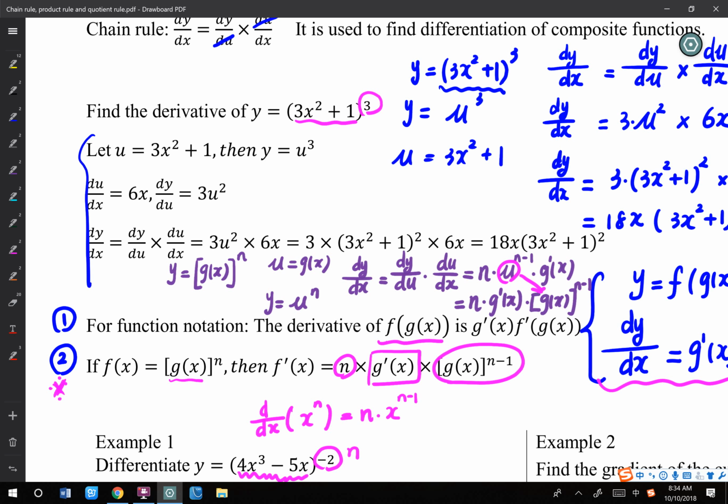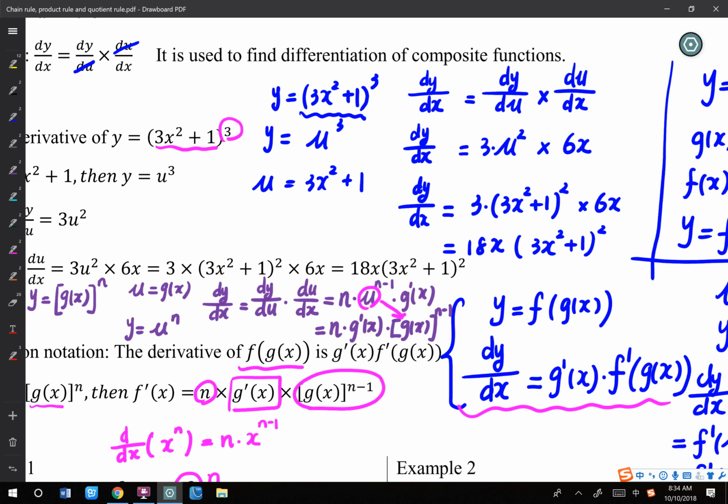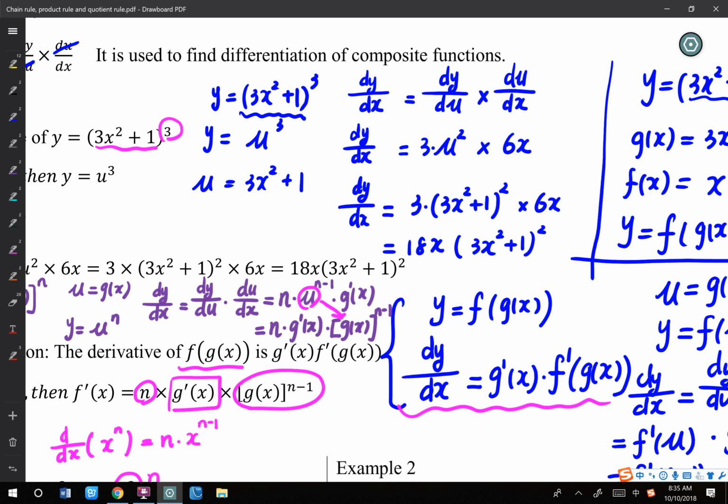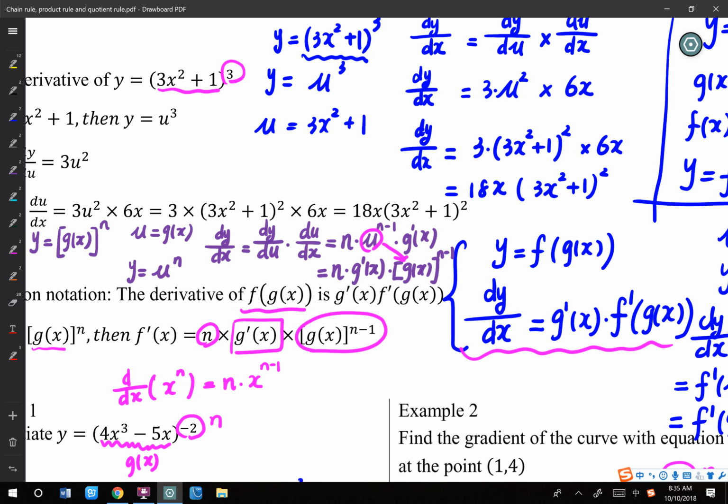So I have made two functions now. One function is y equals u to the power of 3 and the other function is u equals 3x squared plus 1. Both functions can be easily differentiated, so I can differentiate both and times them together. That's the chain rule. So we have 18x times (3x squared plus 1) to the power of 2.